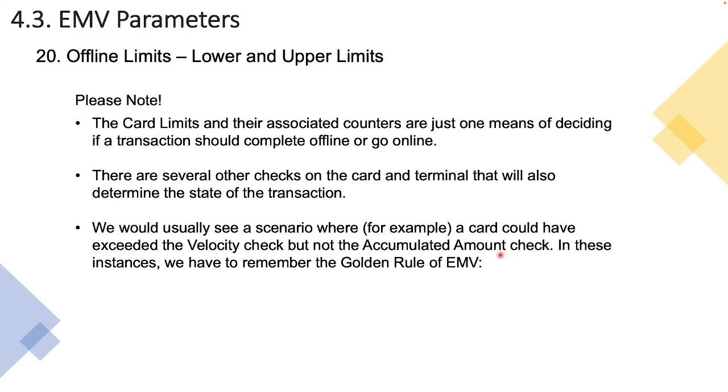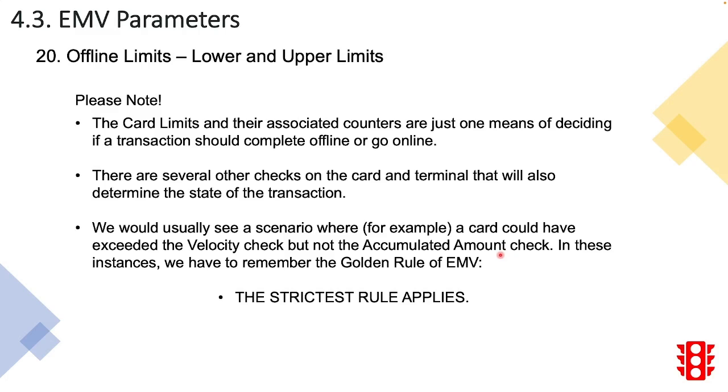In instances like this, we have to always remember the golden rule of EMV, which is that the strictest rule applies. This is the premise upon which the whole of EMV runs. If you look at the two scenarios we just spoke about, let's assume that we have not breached any of the velocity checks, so we're good to approve offline, but we have breached the upper limit on the accumulated amount check.